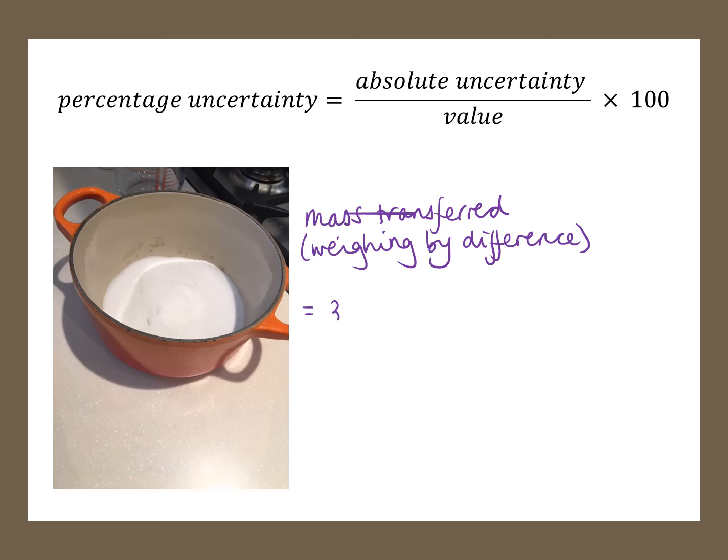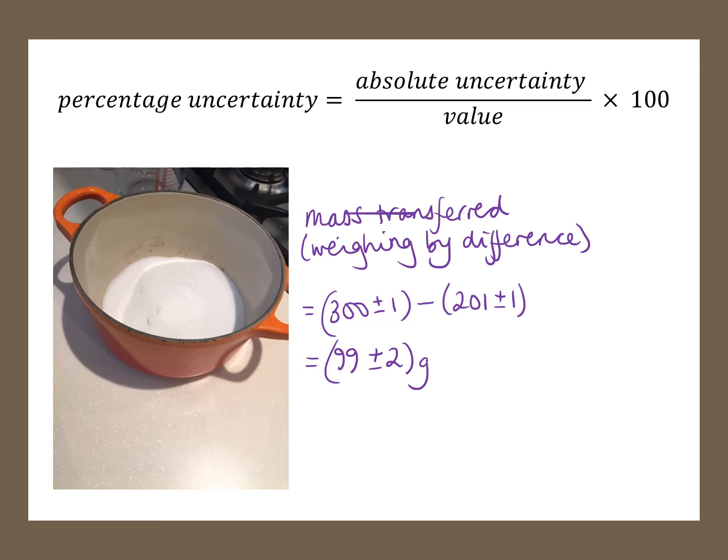That was the 300 plus and minus 1 gram for the bowl with the sugar in it, and subtract from that 201 plus or minus 1 gram for the bowl with the residue in it. That gives us an overall value of 99 plus or minus 2 grams. So 99 is the mass transferred, but there's a plus and minus 2 gram absolute uncertainty.